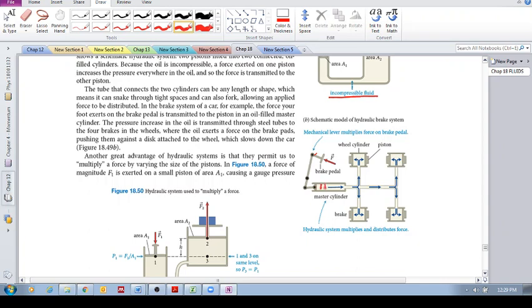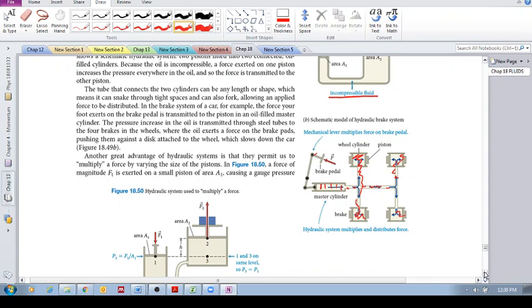Everywhere inside this whole system, we've got our brake fluid, this oil, and as you apply the force over here, it increases the pressure and transmits that pressure throughout the fluid to wherever you have brakes on the car. It's very helpful because you apply a small force over here and it basically slows down your entire car.